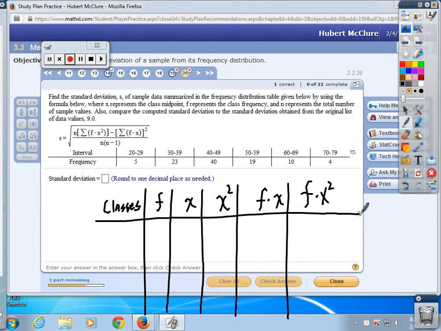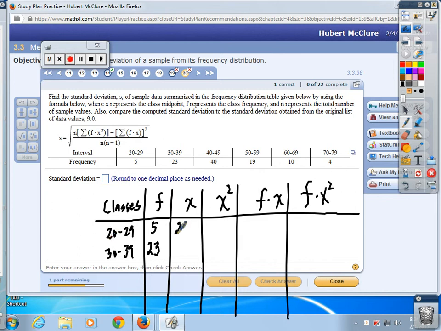And then, of course, this is 20 to 29, 30 to 39, and so on, 5, and 23. And I'll go ahead and do the first midpoint. 20 plus 29 is 49, half of 49, half of 50 is 25, so it would be 24.5.